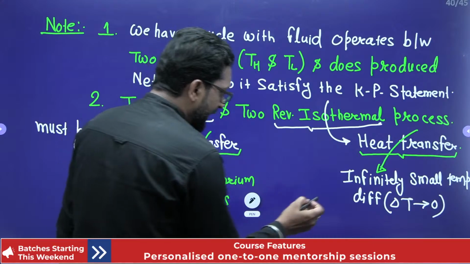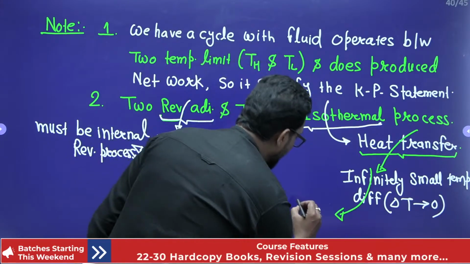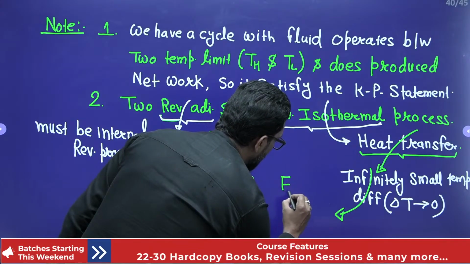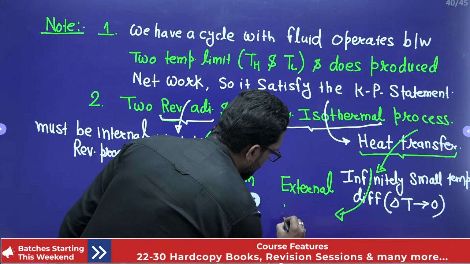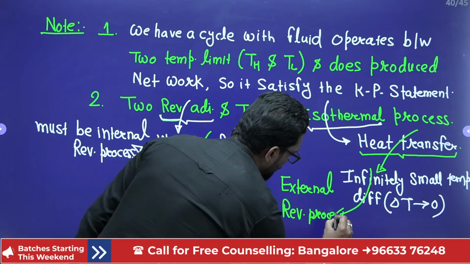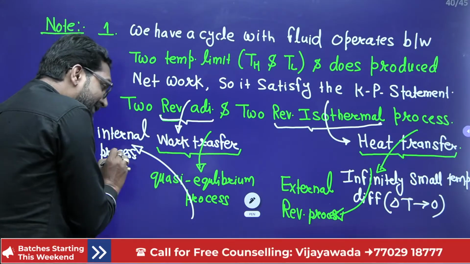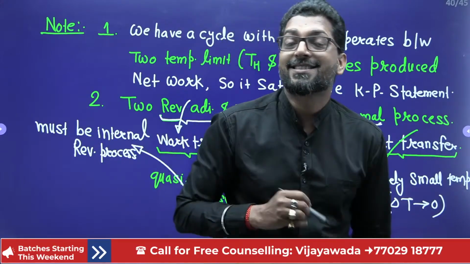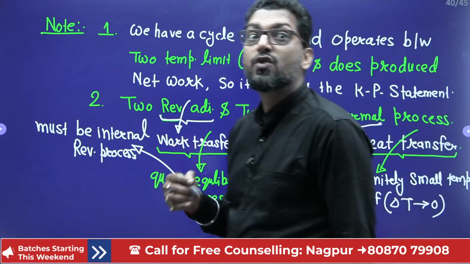So, if heat transfer is through an infinitely small temperature difference, it is an externally reversible process. So, the cycle is internally reversible and externally reversible. That means this cycle is totally reversible.